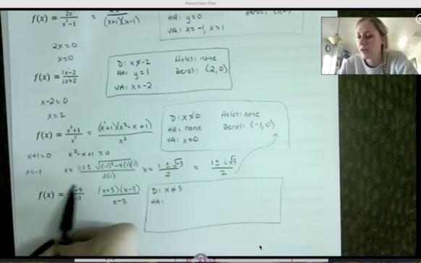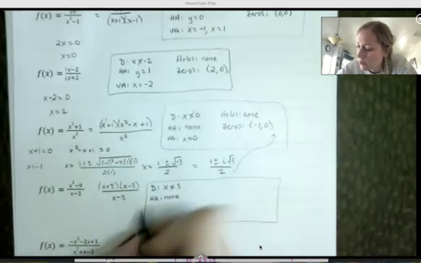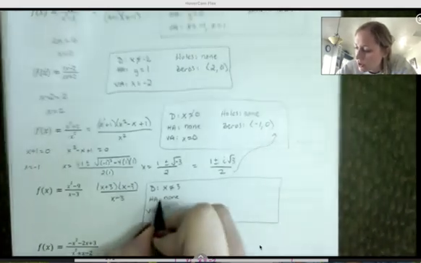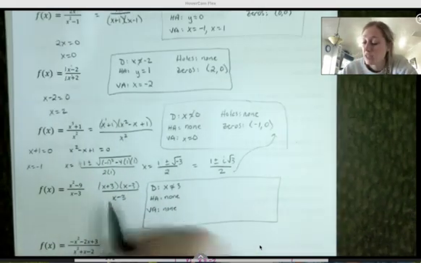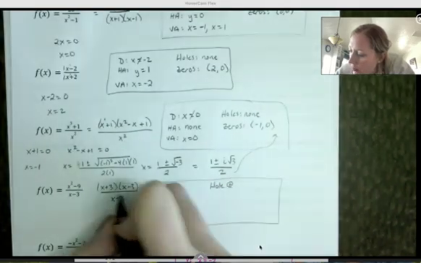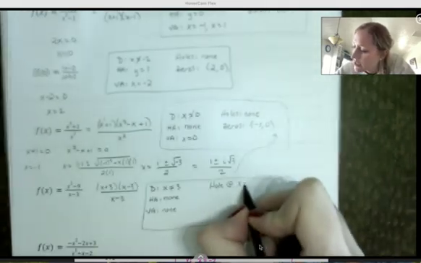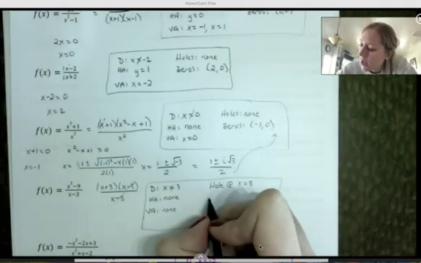So again, I'm bigger on top, so there is no horizontal asymptote. Vertical asymptote, there's also none because my denominator is actually going to result in a hole. So the hole, what makes that be 0, is 3. Okay, so that's why I have a hole there.